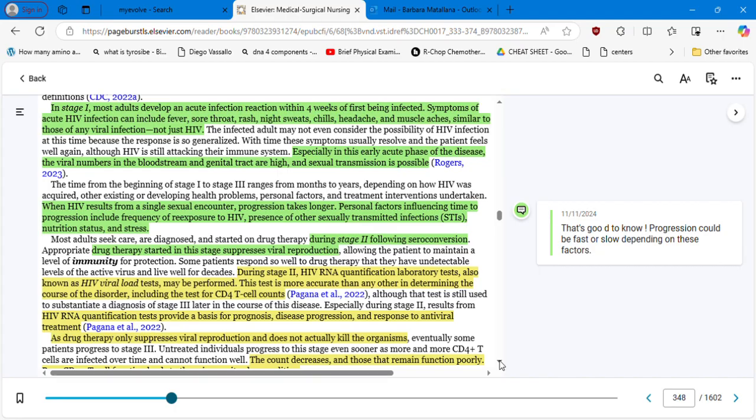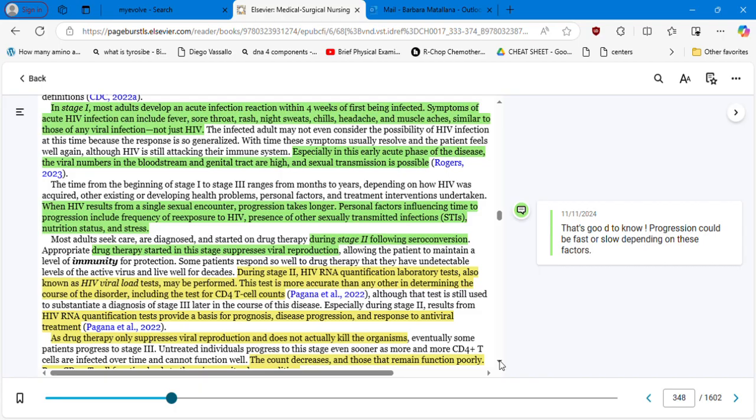During stage 2, the HIV RNA quantification laboratory test, also known as the HIV viral load test, may be performed. And that's the key. We have to double check how bad the viral load is in order for the doctor to change the medication or to diagnose and classify HIV in the corresponding stage.